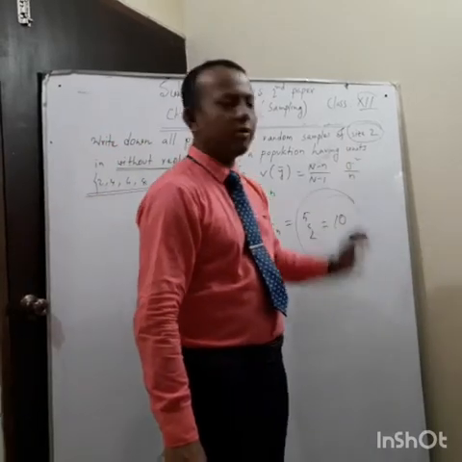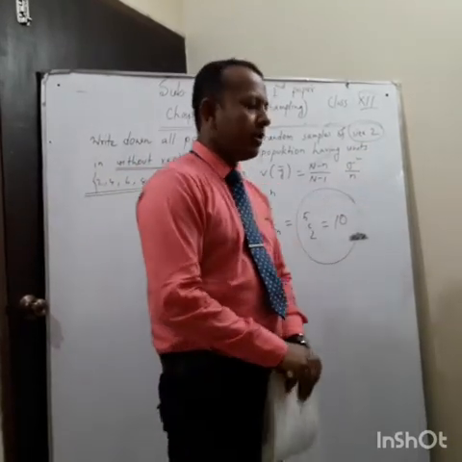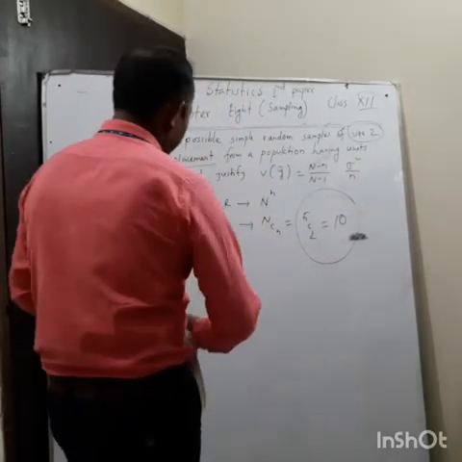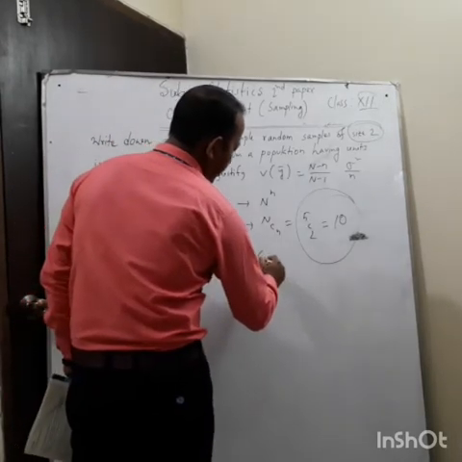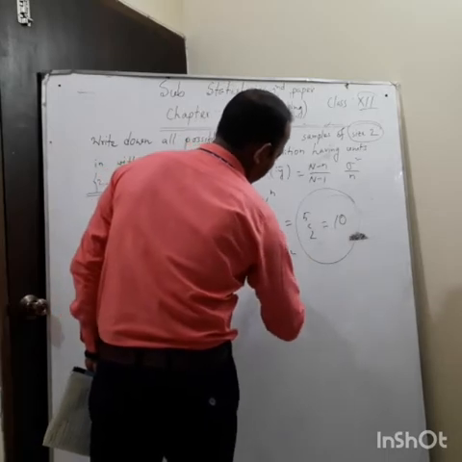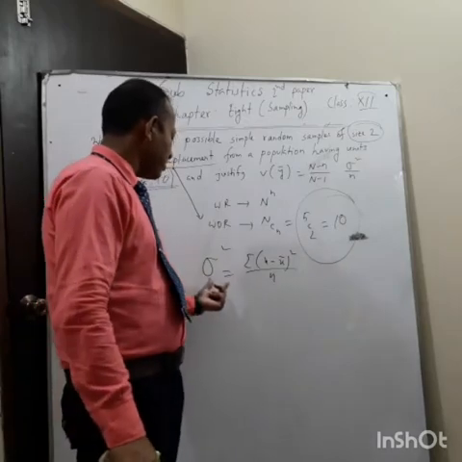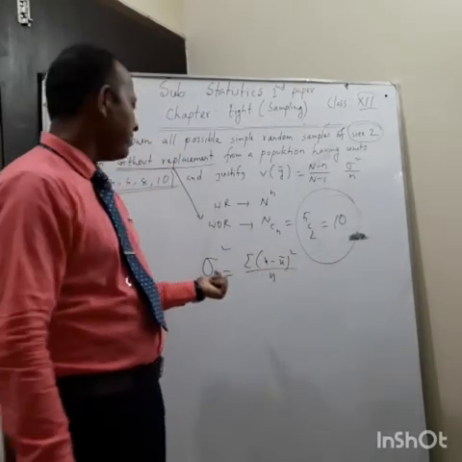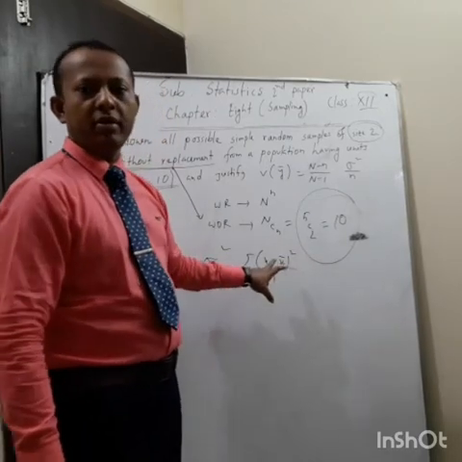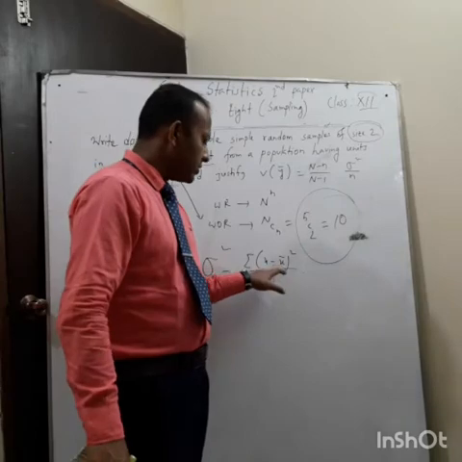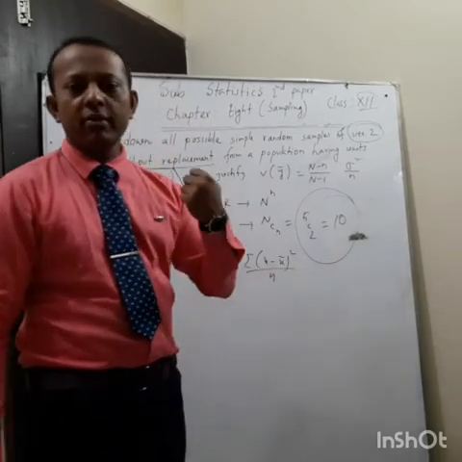Now what is the meaning of sigma square? Sigma square means variance. The formula of variance is sigma square equals summation (x minus x bar) whole square divided by n. This is the mathematical form of variance. By definition, it is the sum of squares of the deviations of a set of observations from their arithmetic mean, divided by the number of terms, and this is called variance.